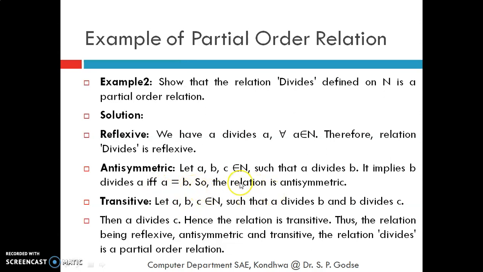That's why this is an antisymmetric relation. Third property is transitive. Let A, B, C belong to N such that A divides B and B divides C. Then A divides C. So this is also true. Hence the relation is transitive. Thus, the relation being reflexive, antisymmetric and transitive, the relation divides is a partial order relation.